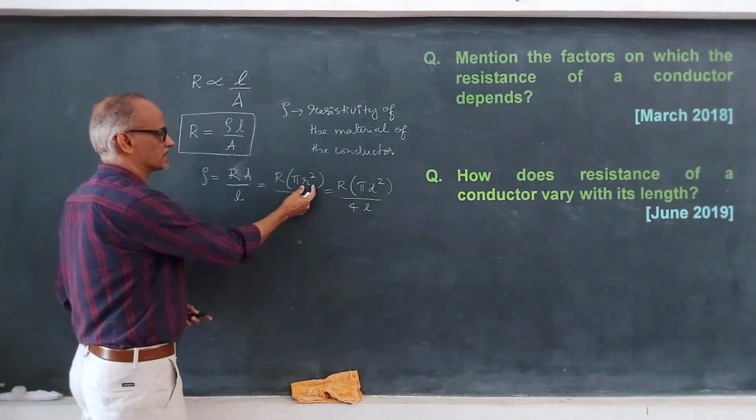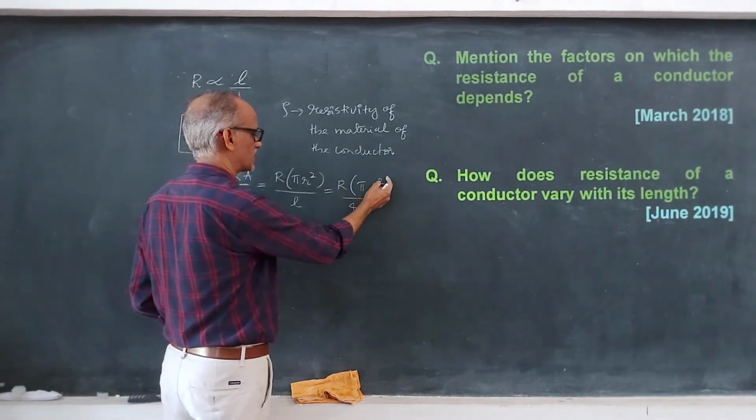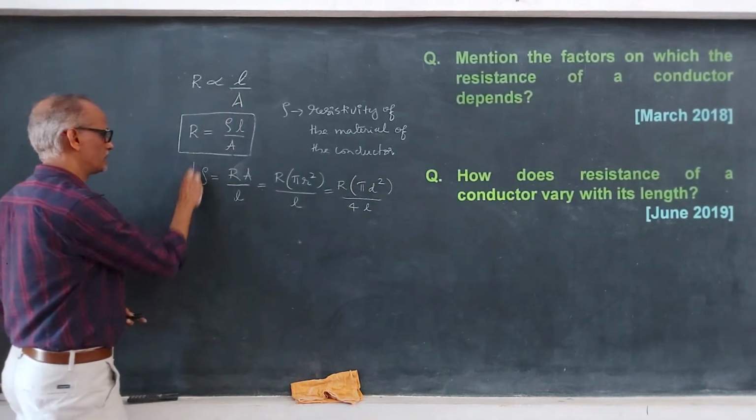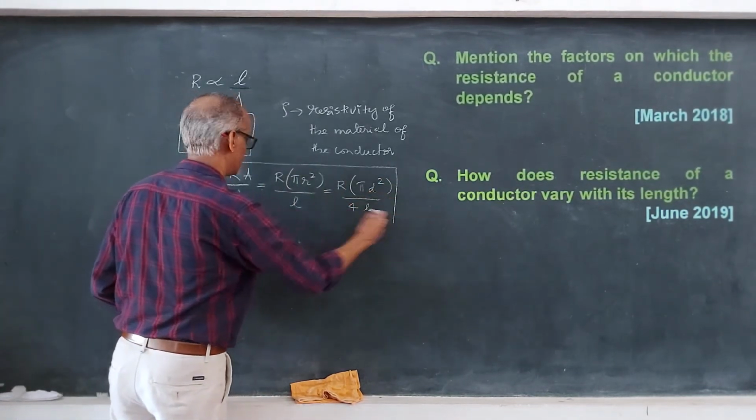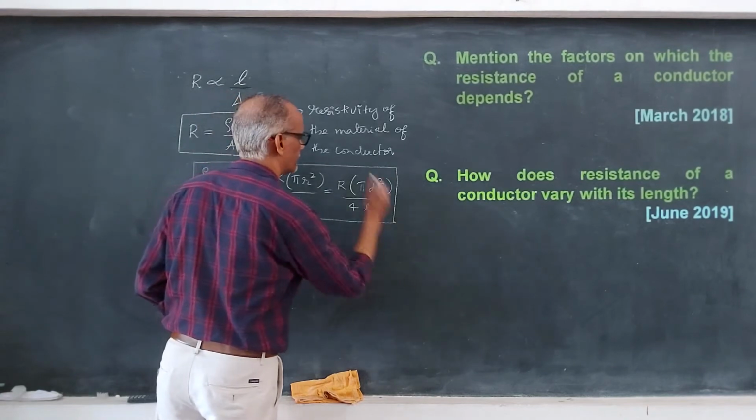Because radius is half of the diameter, I get d square by 4. So this is the formula for the resistivity of the material of a conductor.